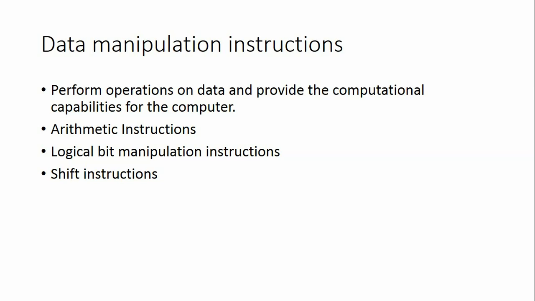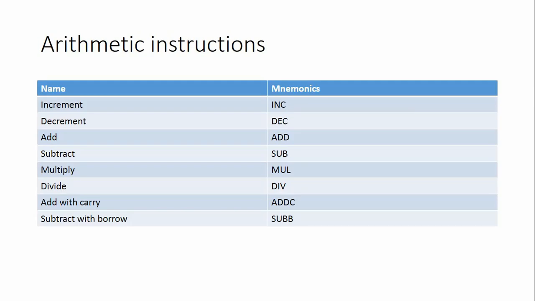There is a list of some basic arithmetic instructions. These are increment, decrement, add, subtract, multiply, divide, add with carry, and subtract with borrow. So these are some arithmetic instructions that are used.